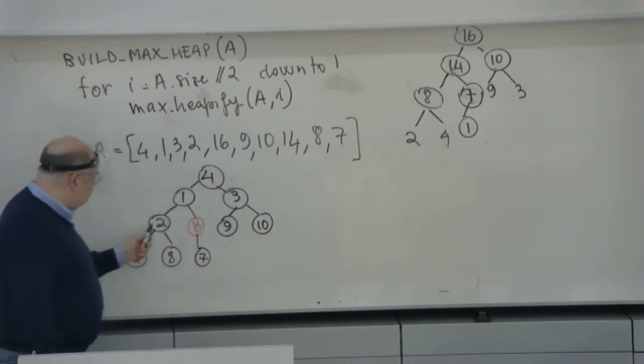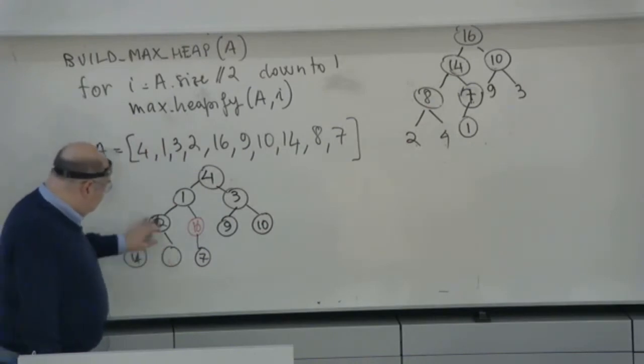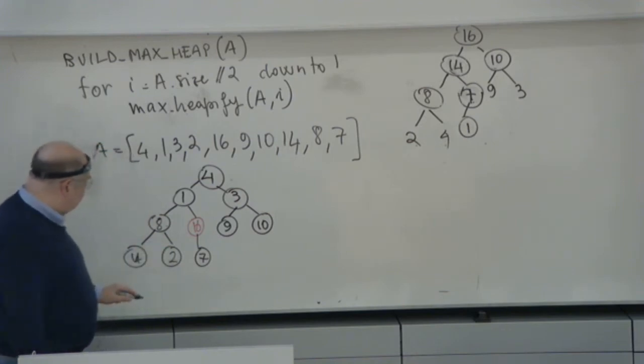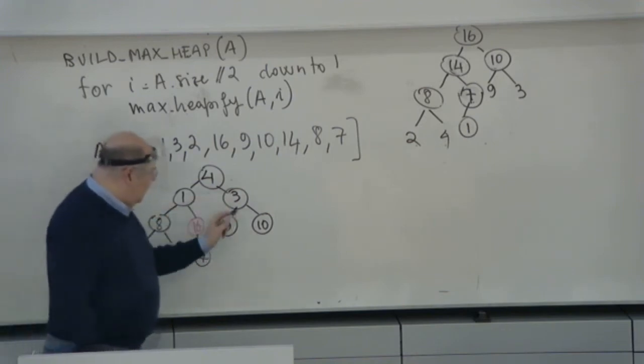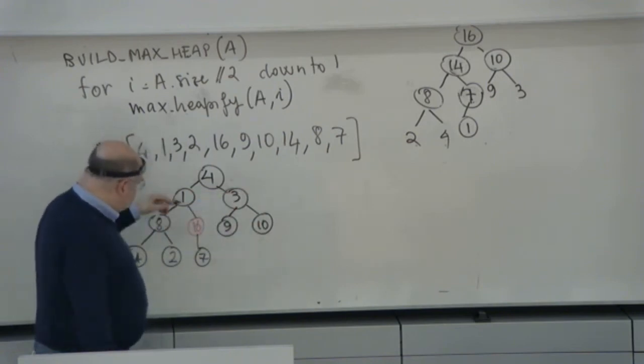So you start with 2, and 2 is not in the right place because you have an 8 here. So you exchange this with 2. And then 3 again is not in the right place. No, sorry.